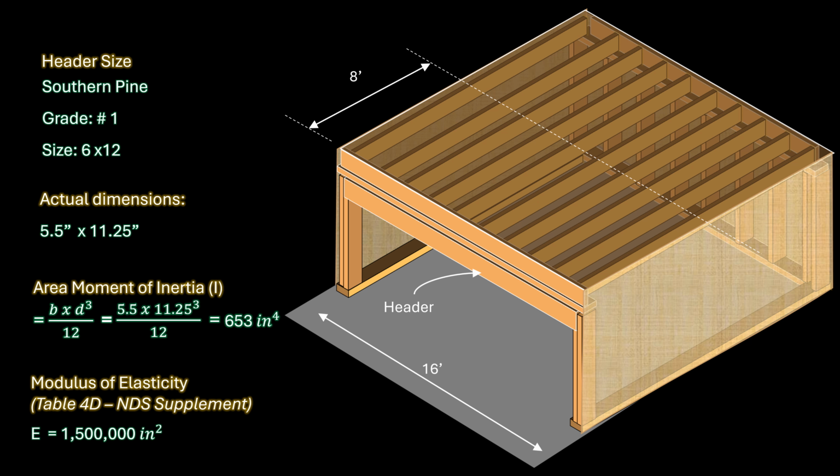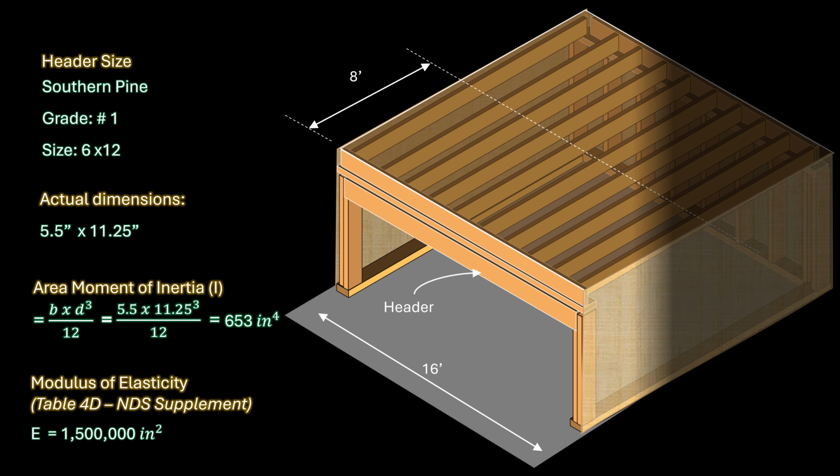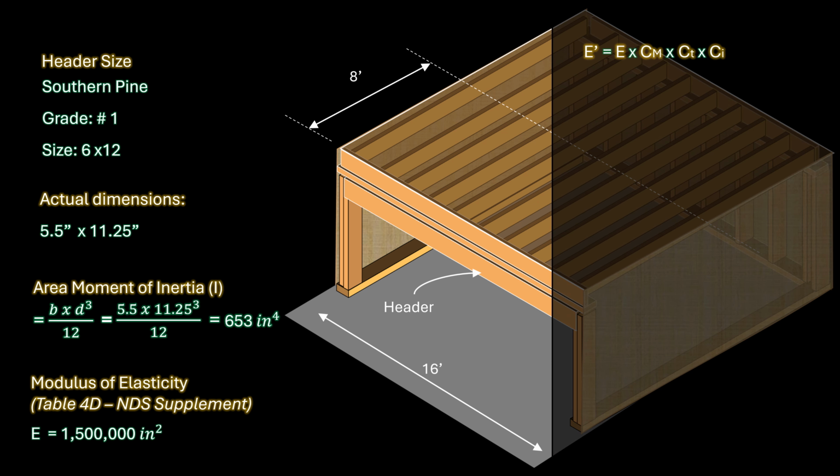Table 4.3.1 of the NDS specifies that the adjusted design value for the modulus of elasticity is the product of the reference design value for the modulus of elasticity and the wet service factor, the temperature factor, and the incising factor. The wet service factor is provided in the adjustment factors section of Table 4A in the NDS supplement, and it is 1.0 in this case.